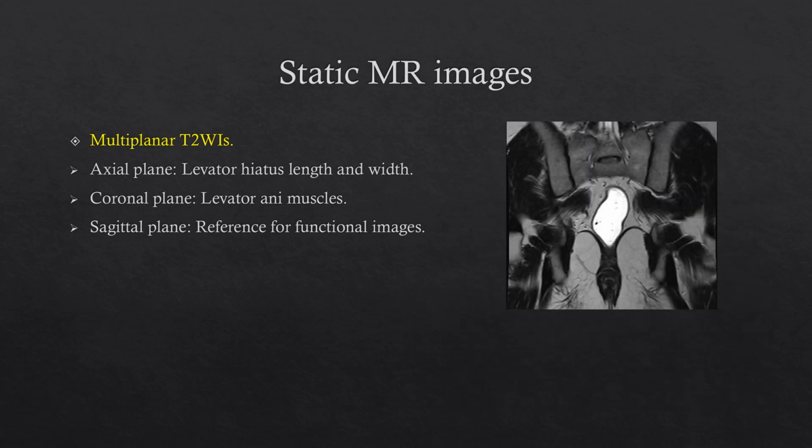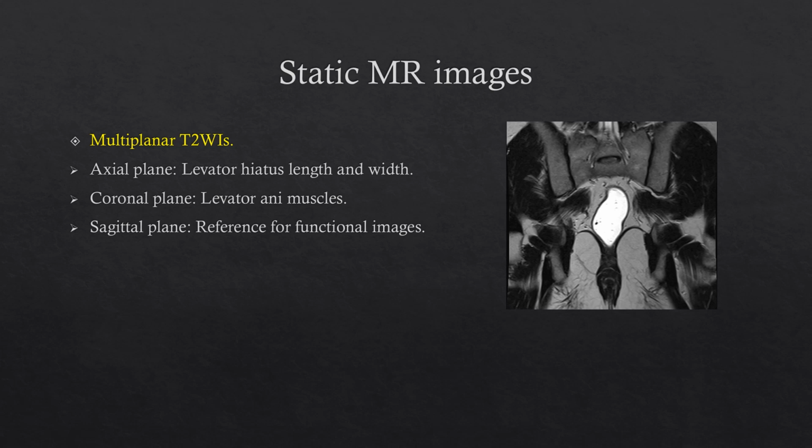Also, we should check the coronal plane. As you see here, in the coronal plane the levator ani muscle is symmetrical in shape, preserving its normal thickness and normal configuration. The normal configuration of the levator ani muscle preserves its upward convexity.